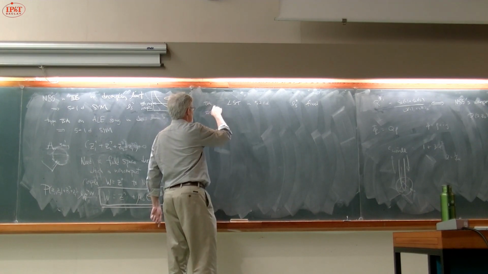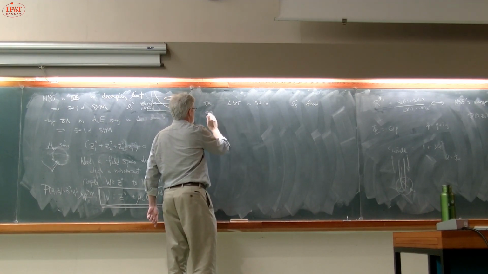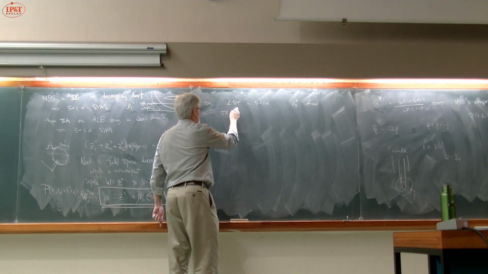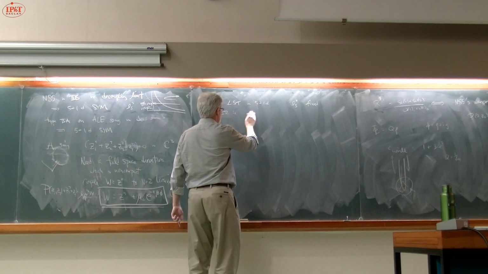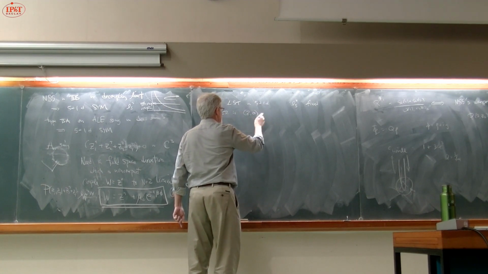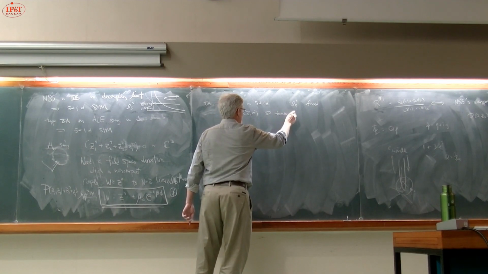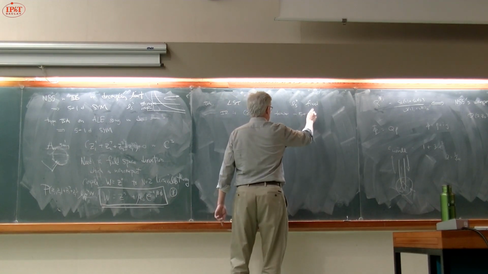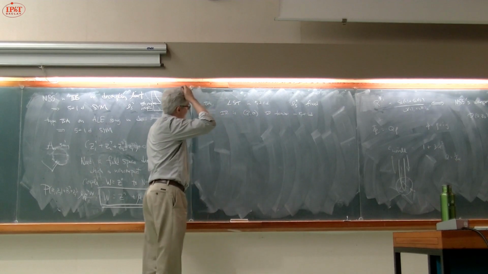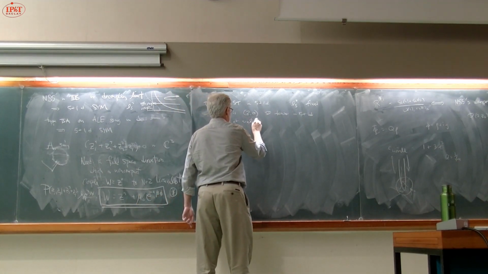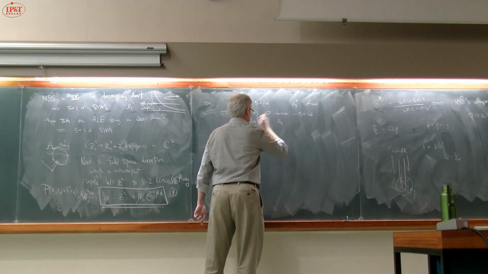Okay, if you're in 2A, then the IR is the (2,0) theory, so the self-dual tensor multiplet in 5+1, and that's at scales much less than L string.